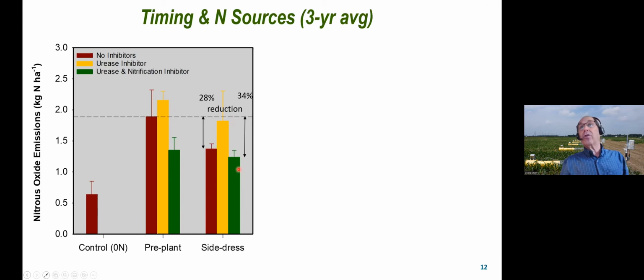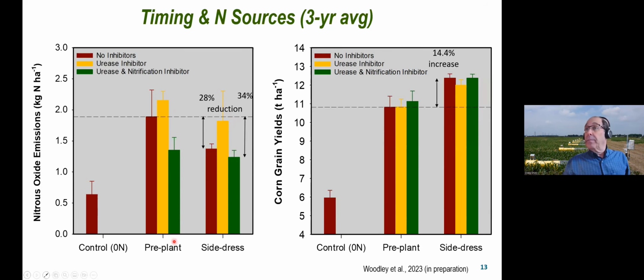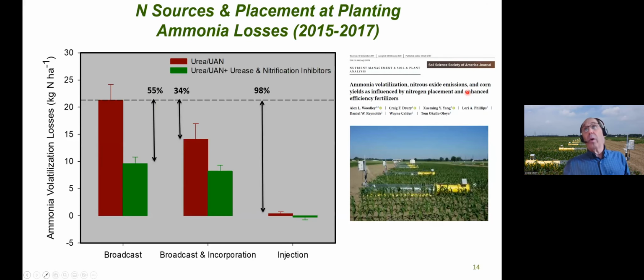And again, with the combination of delaying with the side dress and the dual inhibitors, we have 34% lower losses. And our yields, just by delaying the N, we've avoided losses. And all of our treatments that were side dress had a 14% greater yield. So it made it worthwhile.